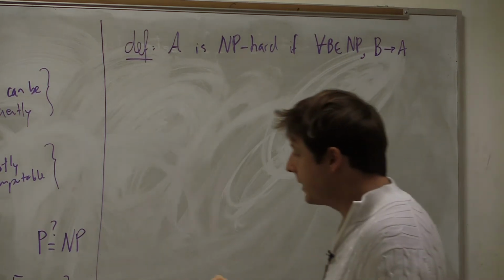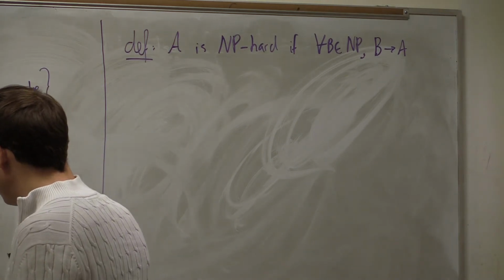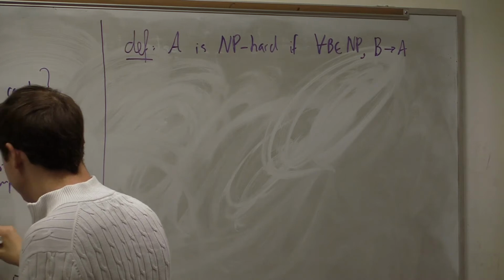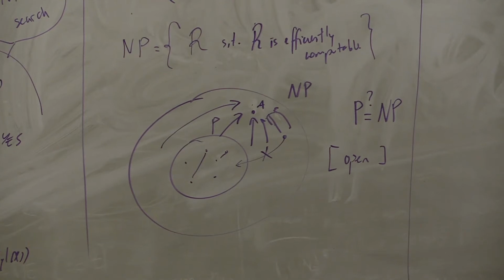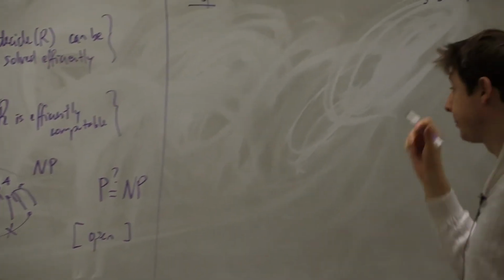Okay? So every problem in NP can be reduced to A. So to some extent, A is no easier than any other problem in NP, or at least among the hardest problems.